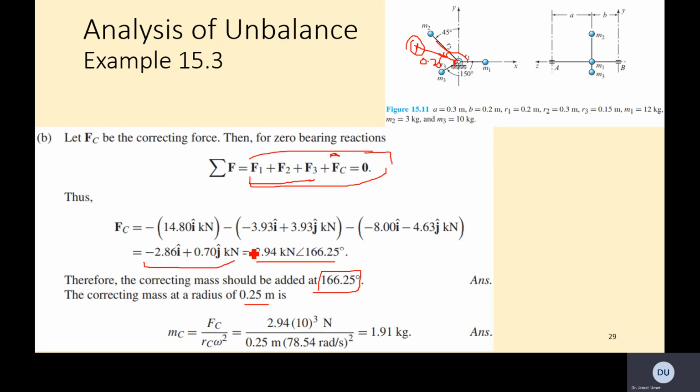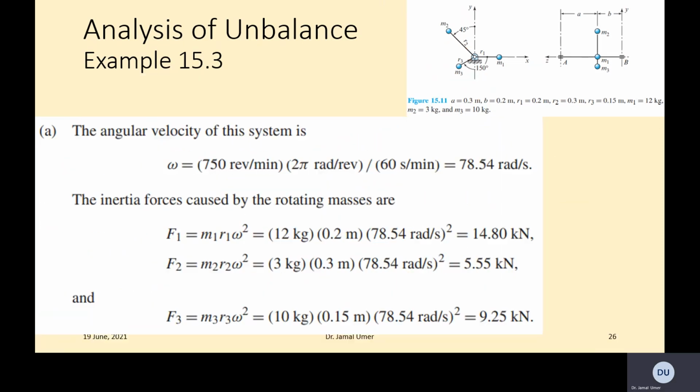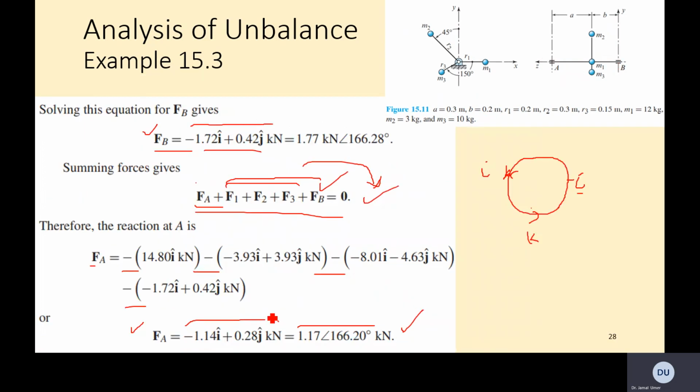So for that, this value will work out. This one can be written as this equation, which is the same equation we used before, right? Now we know the correction force we need. Mass is unknown, R is given, omega is the same as before, so you can work it out.